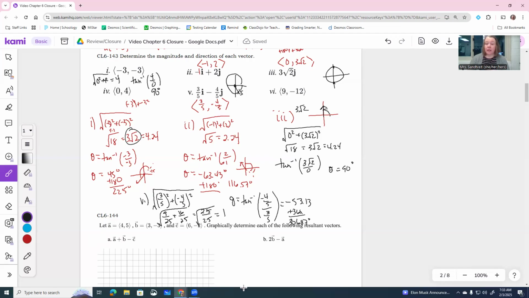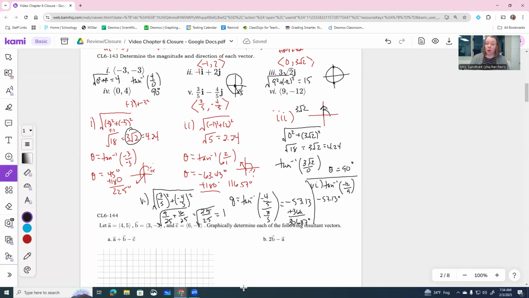All right, and then for this last one, when I go to find the magnitude, that would be 9 squared plus negative 12 squared, which ends up being 225. The square root of 225 is 15. Okay, when I go to find my angle, the inverse tangent of negative 12 over 9, and I put that into my calculator, I get negative 53.13 again.